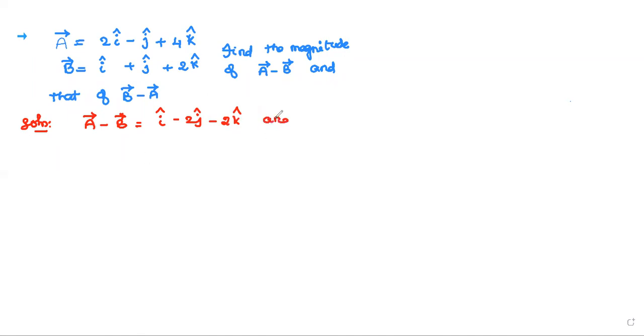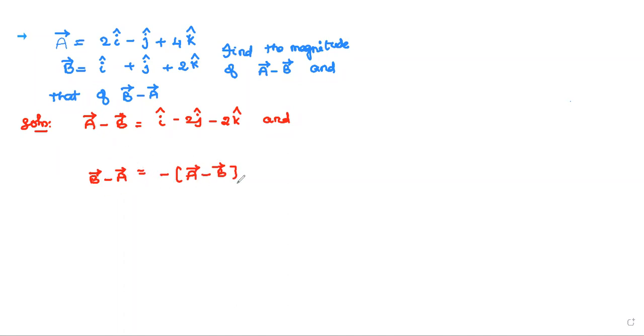Okay, and simultaneously if I check b bar minus a bar, I won't do every subtraction again. Directly I write b bar minus a bar from my knowledge. It is minus of a bar minus b bar, the negative vector of a bar minus b bar. In the commutative law, we wrote like this: a bar minus b bar is not equal to b bar minus a bar, but a bar minus b bar is the negative of b bar minus a bar.